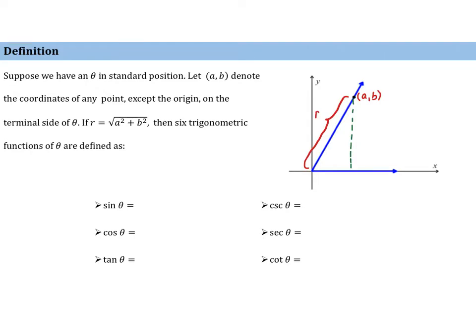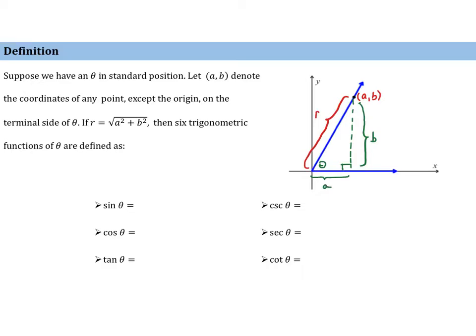And if we're dealing with an angle that lands in the first quadrant, then you can easily see a right triangle here. Now, this is A, and this is B, and this is our angle theta.